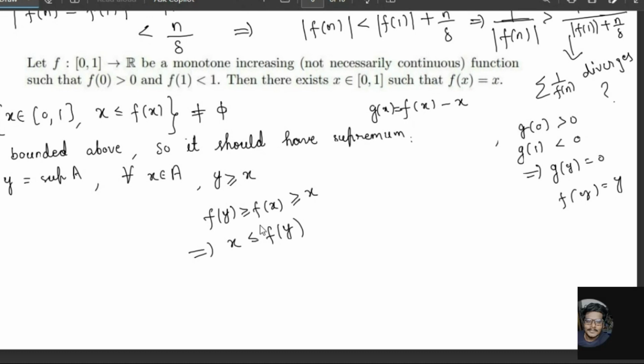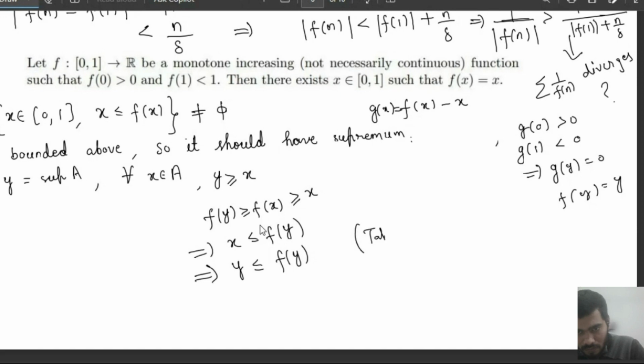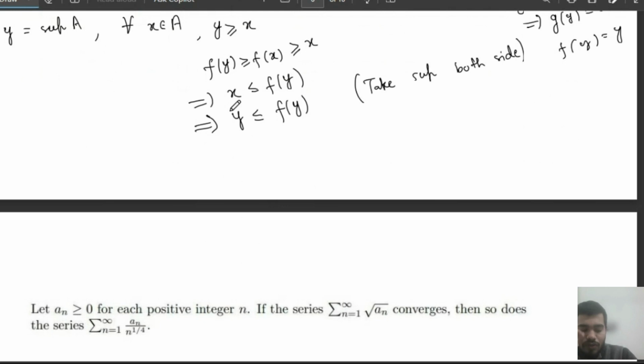Yes, sir. This is the property of the set A. So I can write this. So by the last step, I can write x less than or equal to f(bi). Now take the supremum on both sides and we can say this. Is it fine? Tell me first. Yes, sir. bi is less than or equal to f(bi).